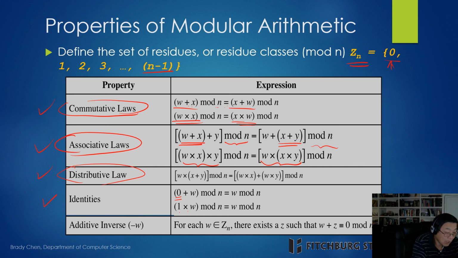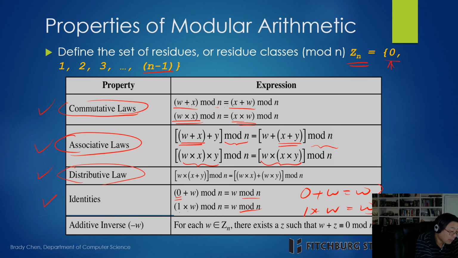This is generally true, right? 0 plus w is w, and 1 times w is also w. That's generally true without mod, so with or without mod n, this property is also true.